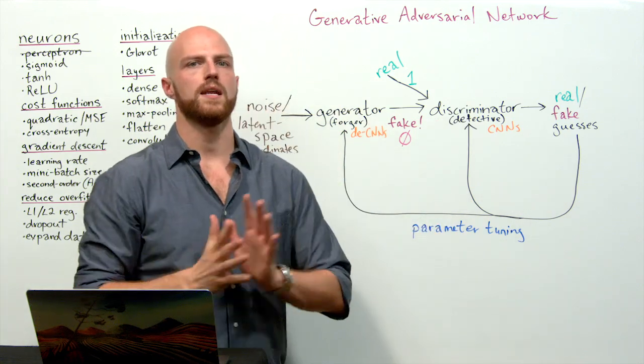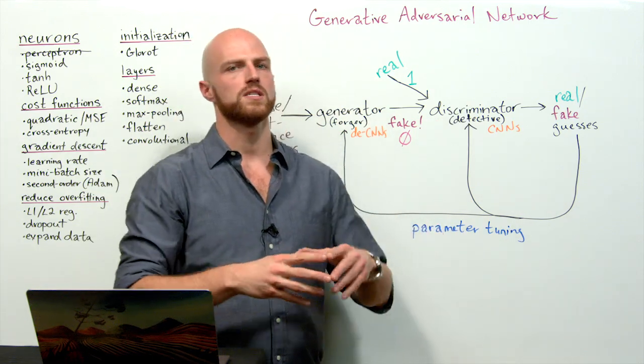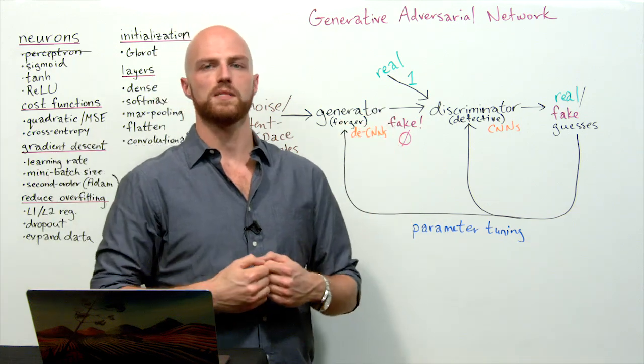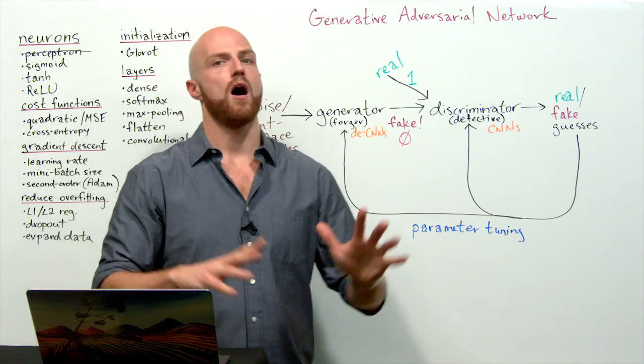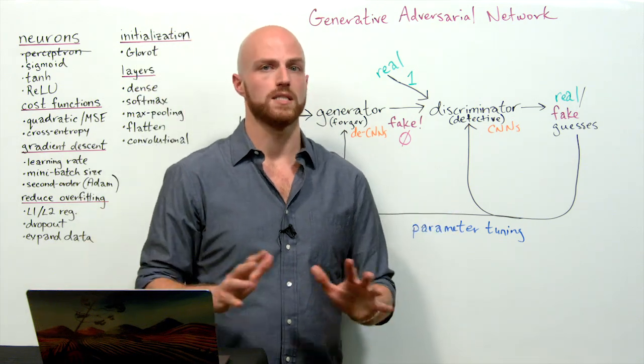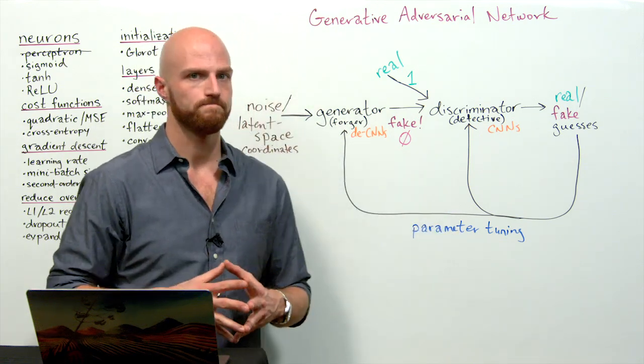So these can end up being stunning photorealistic images with flexible user-specifiable features, and in general, generative adversarial networks offer many of the most surprising advances in deep learning in recent years.